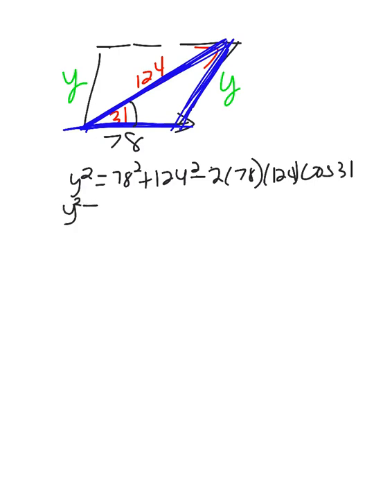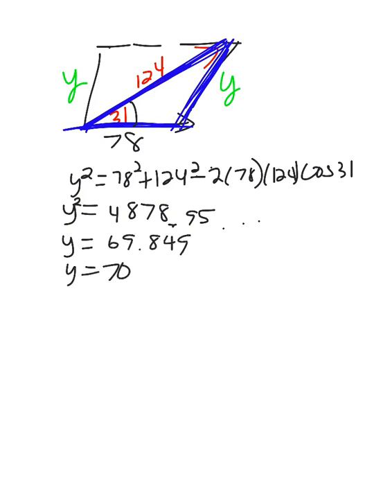You could just plug that into your calculator all at one time. And we get 4,878.95. Let's do square root of the second answer. And we get 69.849, which is about 70 pounds.